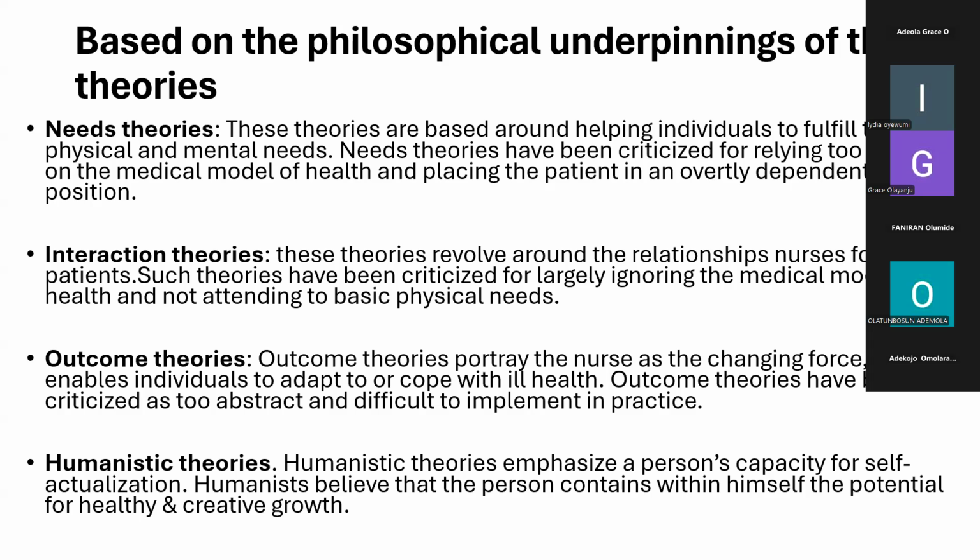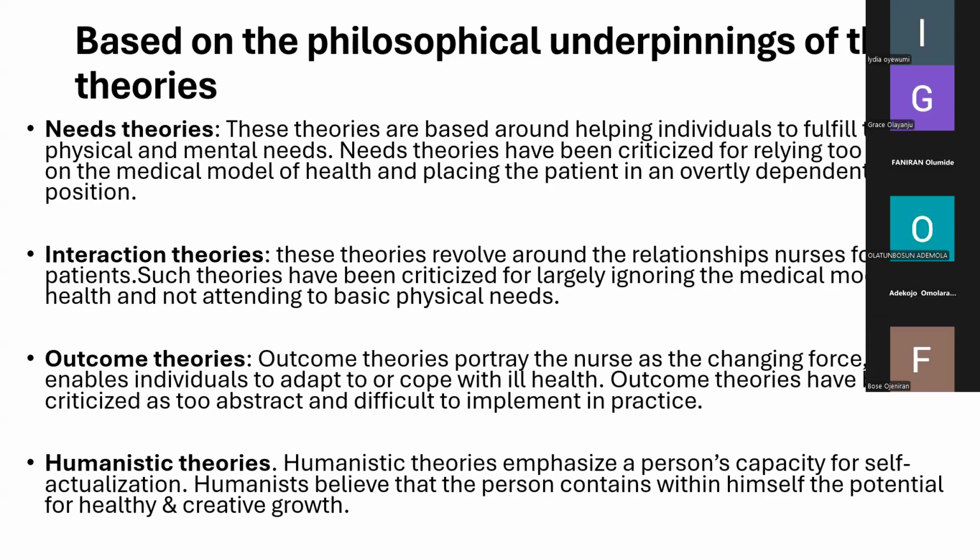Even though Maslow is not a nurse, we also consider it very relevant in nursing. Perfect. So these are need theories because the theory is telling us that the individual has a need and the nurse is there to assess the need of the patient and help the patient to meet those needs. We have Abdellah's 21 nursing problems. These are also need theories.